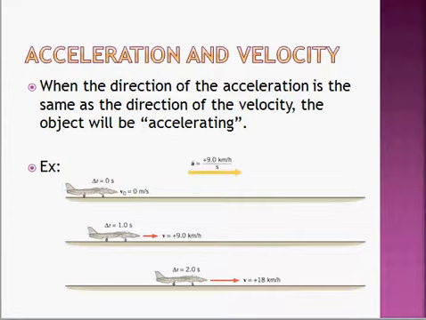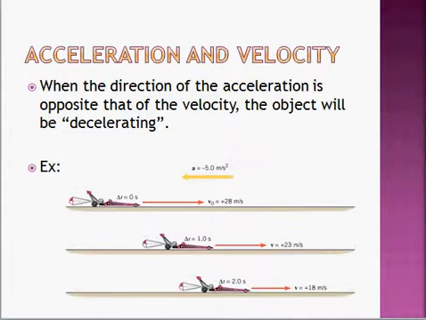If they're in the opposite direction, on the other hand, that's when we're actually decelerating, we're slowing down. So here you can see this little dragster. Again, at the beginning, we're going to say it's moving at 28 meters per second. That V0 is just another way of saying initial velocity. So it starts off at 28 meters per second. After 1 second, it actually drops to 23 meters per second. Why?